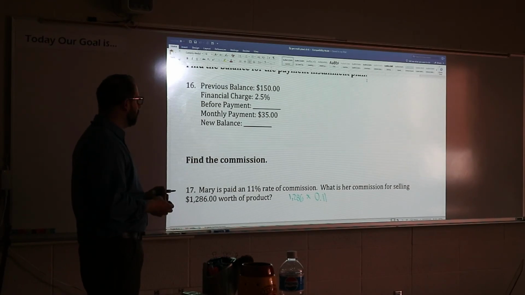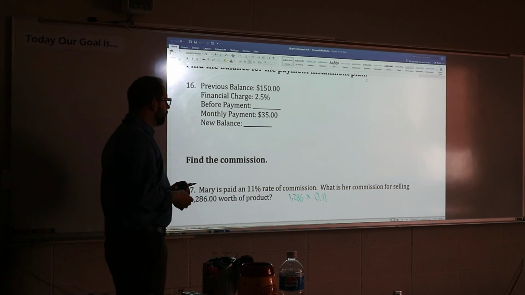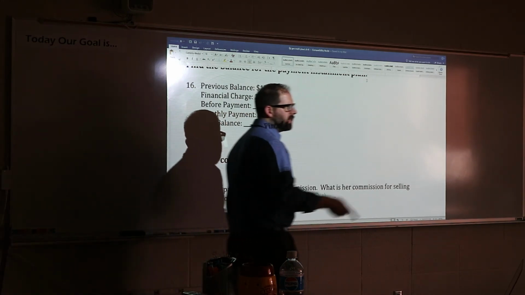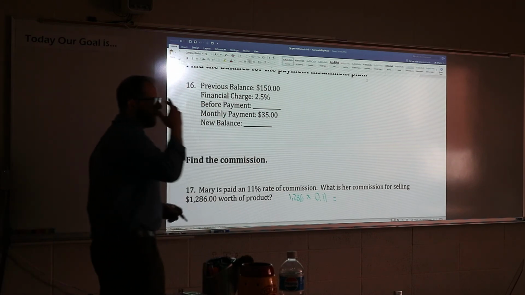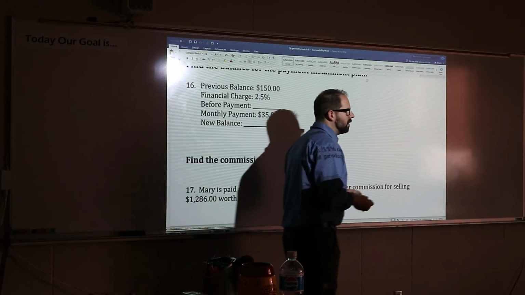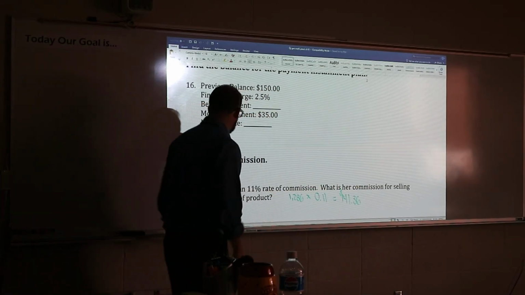That's all I need to know. What was her commission? That's easy, you just multiply. This is like how you do tips, how we did farm equipment, how we did Best Buy. 141.46, or 141.36. That's the money she gets. She gets 141 bucks back for selling that.